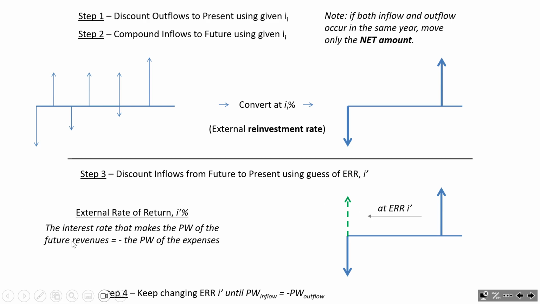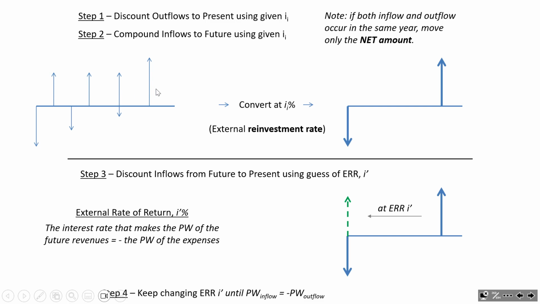It's just a matter of finding the interest rate that makes the present worth of the future revenues equal to the present worth of the expenses. Okay, so think about this. The present worth of the future revenues, so this is times 0.